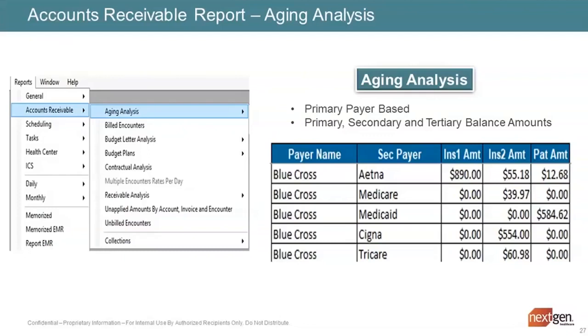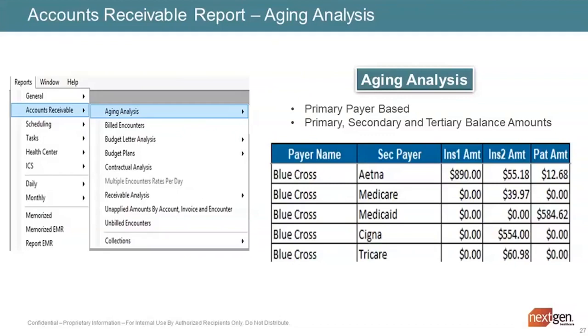So this one, just to give you on the left-hand side, this is how I got to this report. I went under reports, I selected accounts receivable, I selected aging analysis, I put in my filters and all that I wanted. I gave you on the right-hand side of the slide a snippet of what I selected.